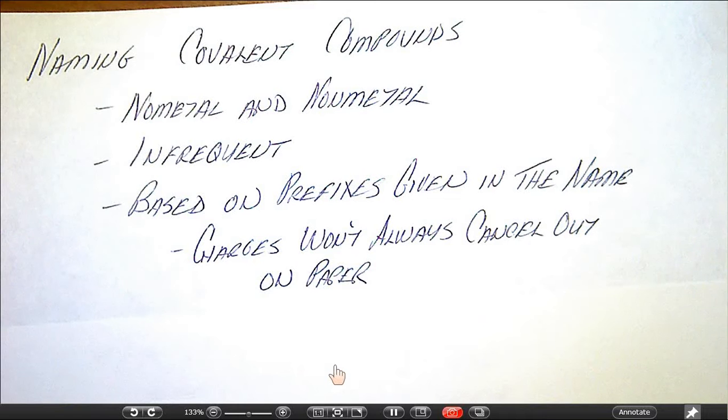And this is because in covalent bonds you have the ability to have a single, a double, or a triple bond. Double and triple bonds in essence absorb the charge of the electron, so you get a balanced compound. But you can't put that on paper. So when you do the math on the paper, the charges won't necessarily cancel out.